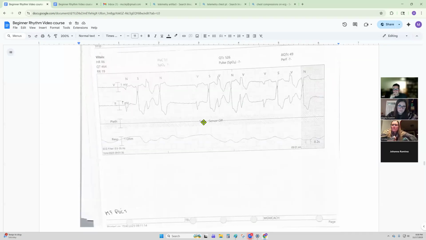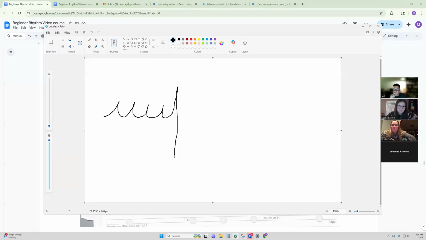So someone I know was under the impression that multifocal just meant different shape PVCs, like it doesn't have to be positive and negative.